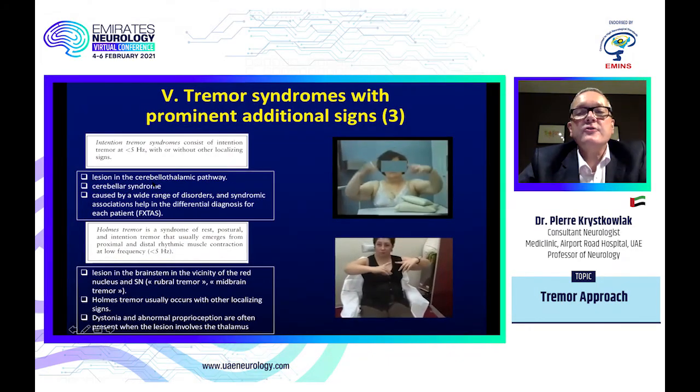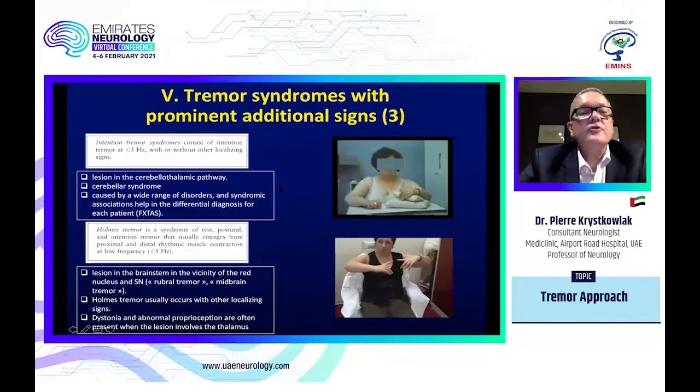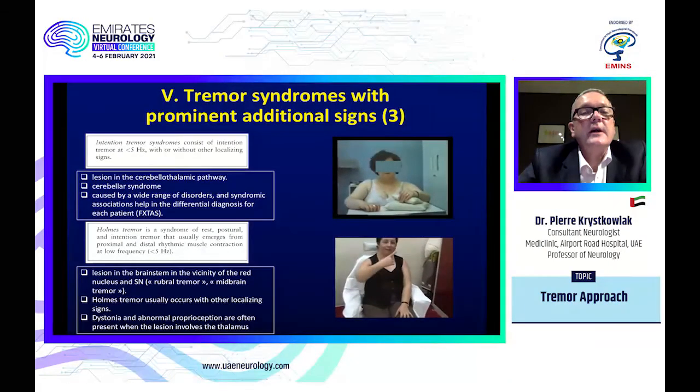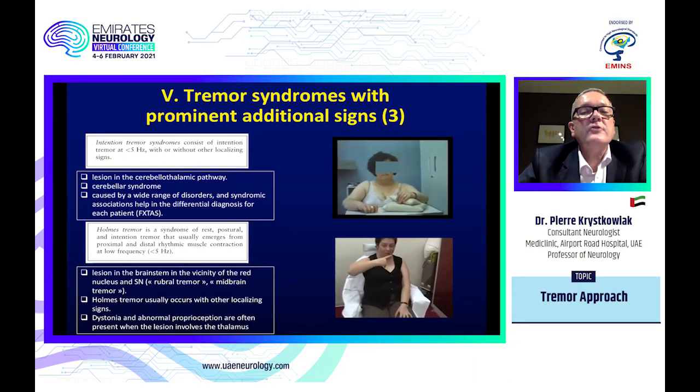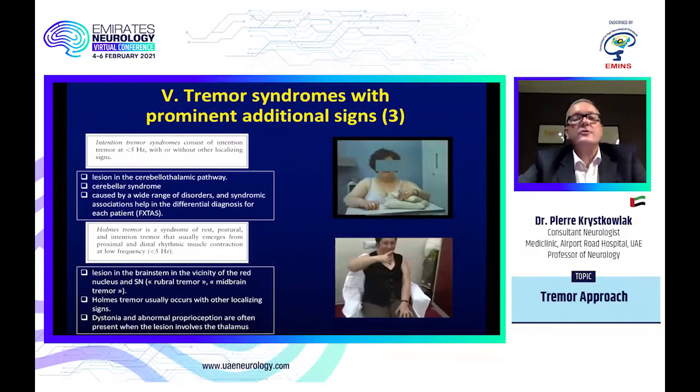Usually this intention tremor is consecutive to a lesion in the cerebellothalamic pathway. Of course, you can find some cerebellar syndrome associated, and it is caused by a very wide range of disorders, and syndromic association helps in the differential diagnosis for this kind of patient.